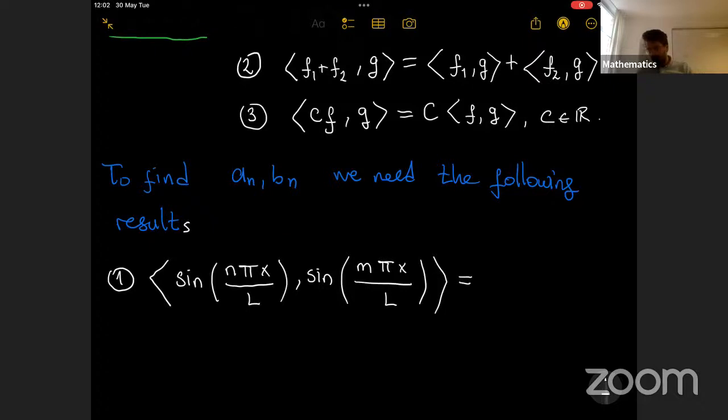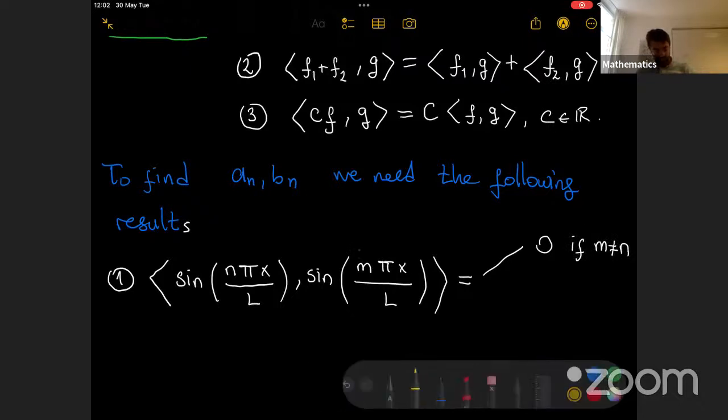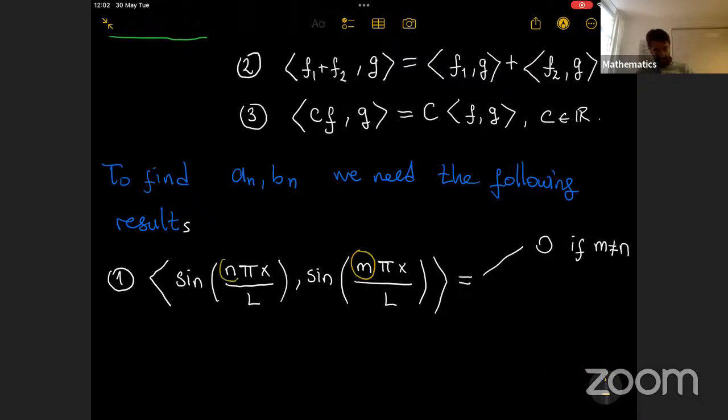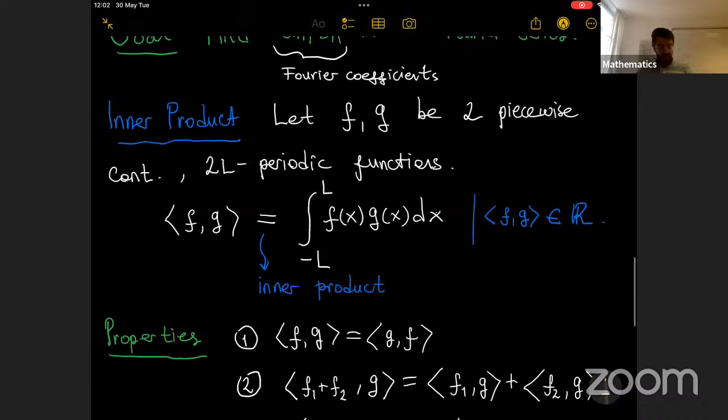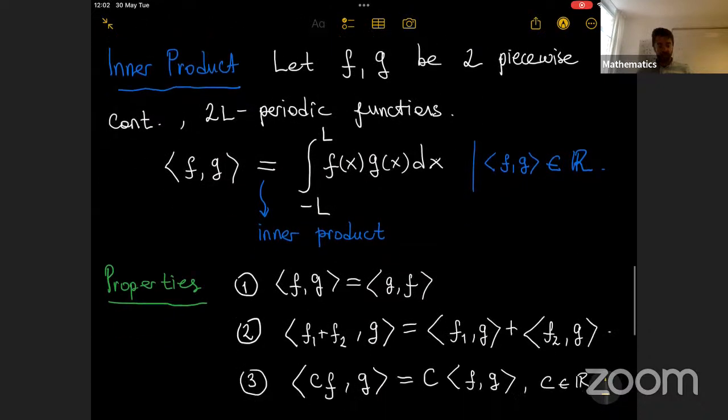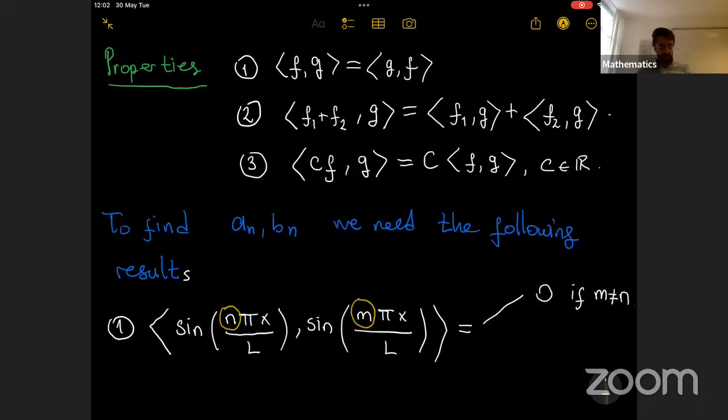It's equal to 0 if m is different from n, okay? So if these two numbers here, m and n, are different, then the result is 0. You can do this yourself by using this integral, okay? Put this in integral and you can compute this integral easily, that it's going to be 0.